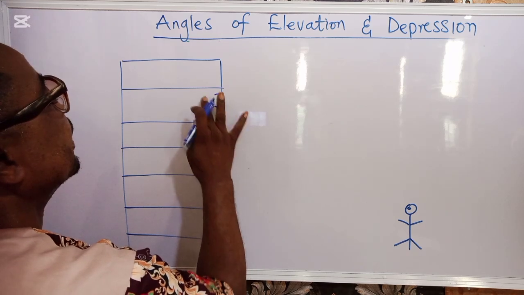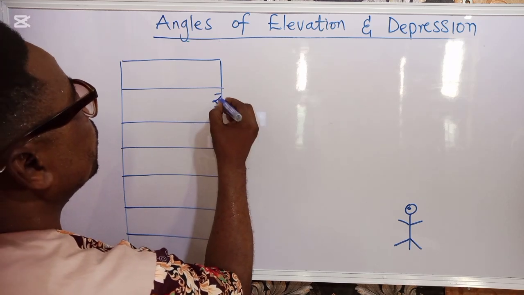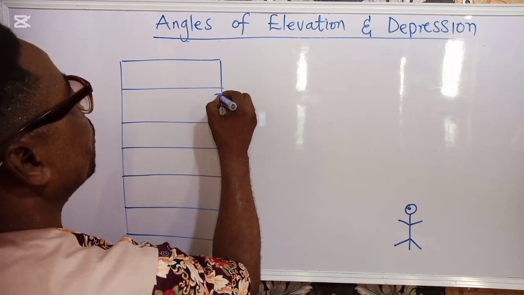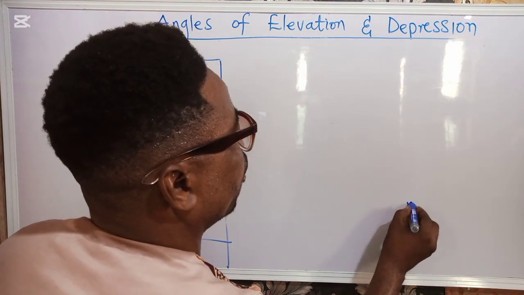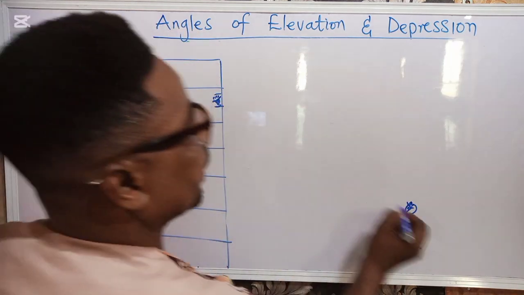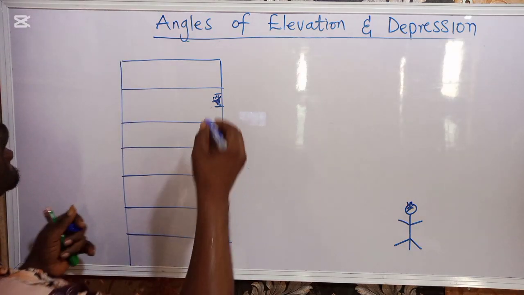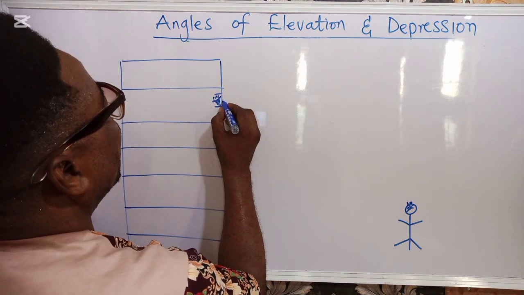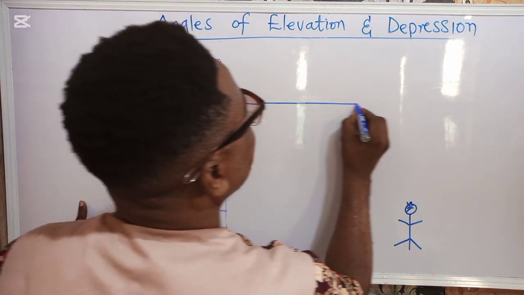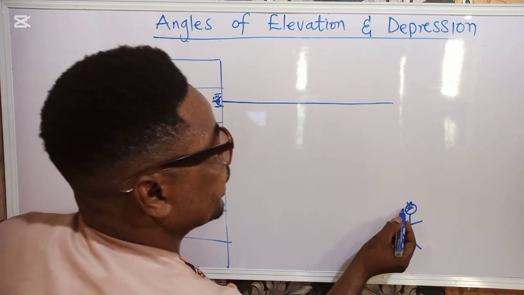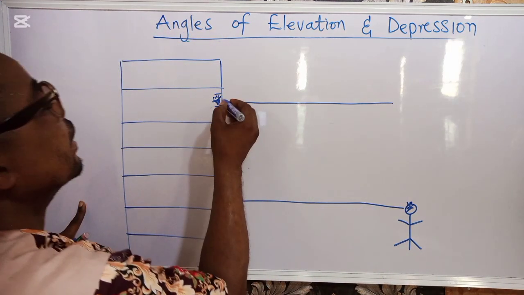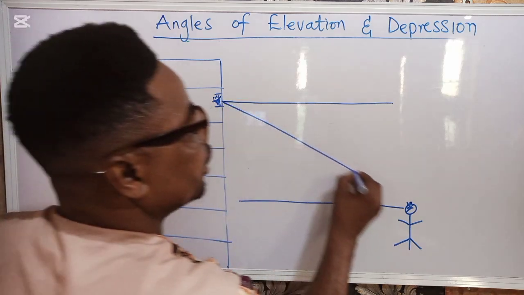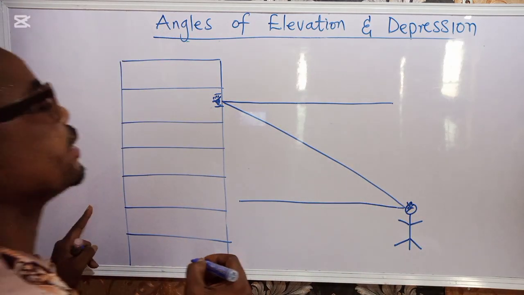When he shouted, the boy looked through the window. Then he is also looking at the boy. The boy is looking at him. Now, this boy's line of sight is this, and his own line of sight also is this, but they are both looking at each other to communicate.